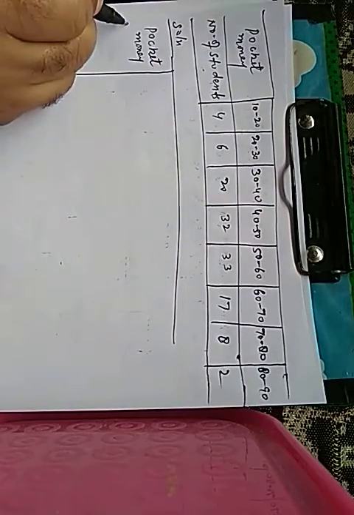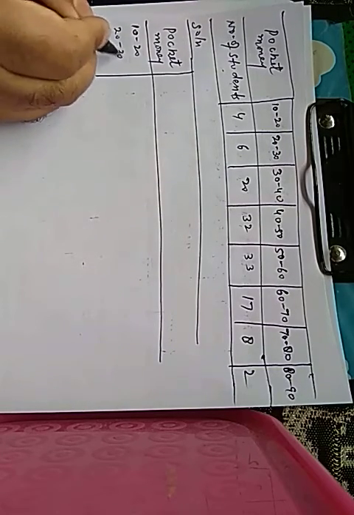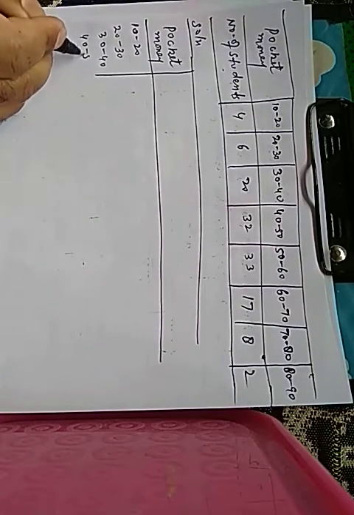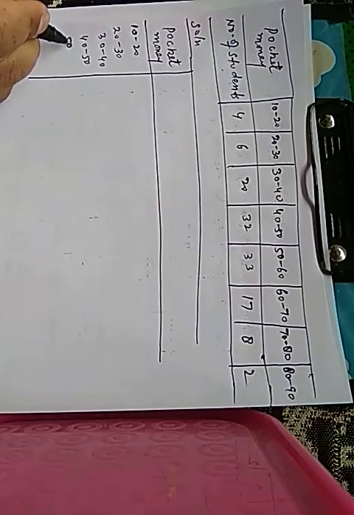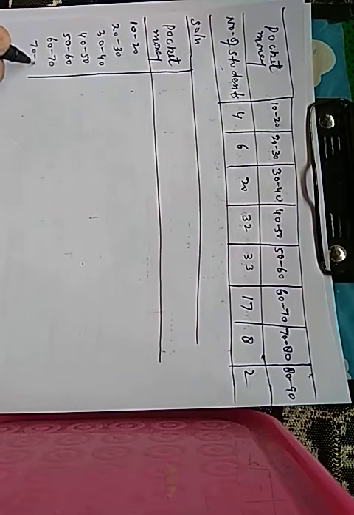The solution will be: in the first column we will write pocket money, which is given as 10 to 20, 20 to 30, 30 to 40, 40 to 50, 50 to 60, 60 to 70, 70 to 80.